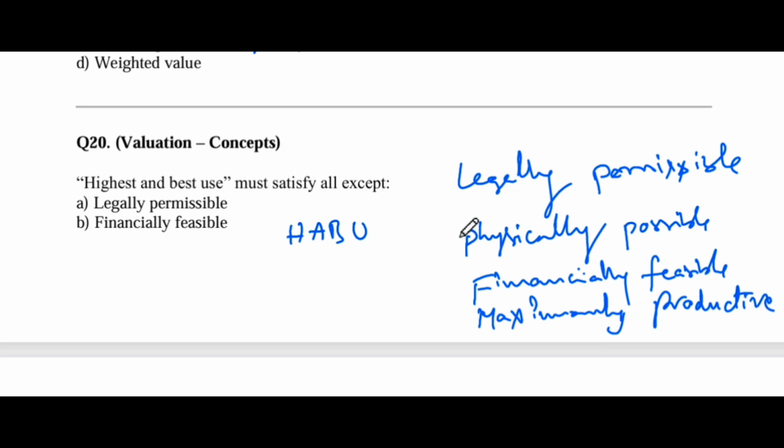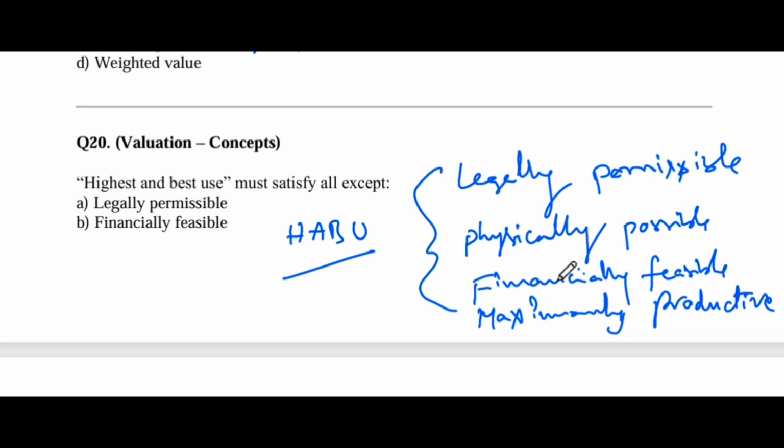So these are four important characteristics of HABU, highest and best use. We already discussed legally permissible and physically possible. Then what is financially feasible? The use must generate sufficient income or value to justify the investment.